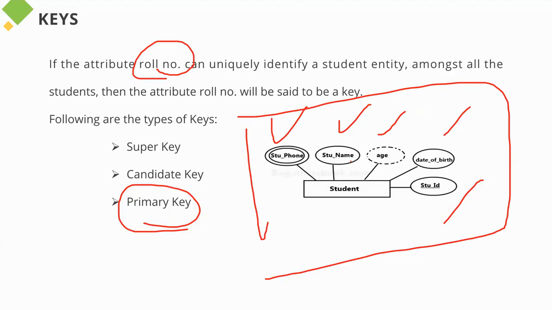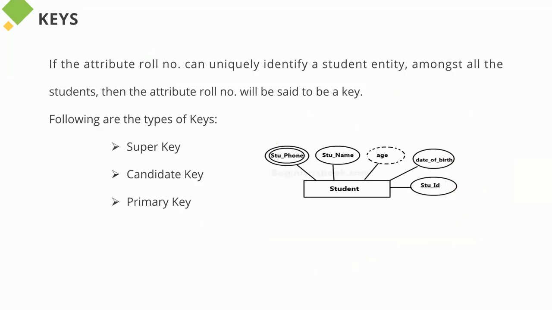If you see student ID, you have a special representation of underline in the attribute. This is the representation of the primary key. Student ID is similar to roll number, so no two students will have the same roll number. So we'll be seeing about this representation and how to create an ER diagram.